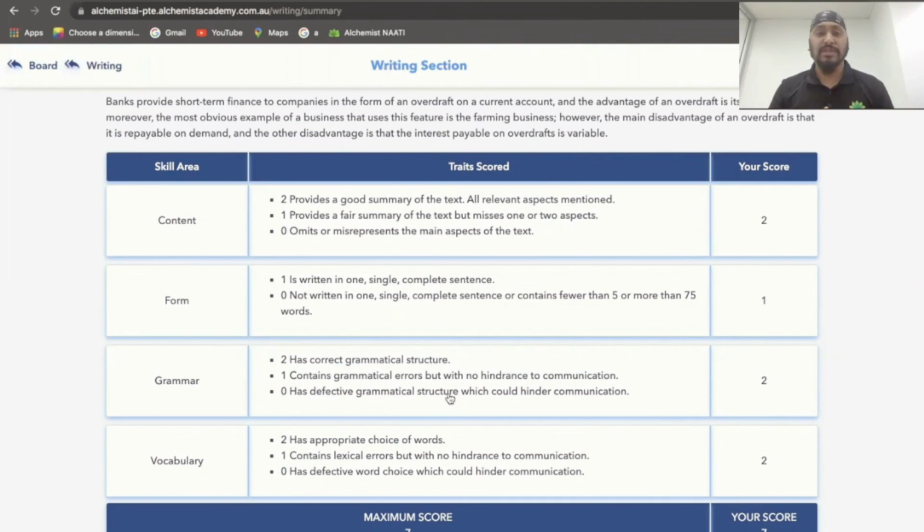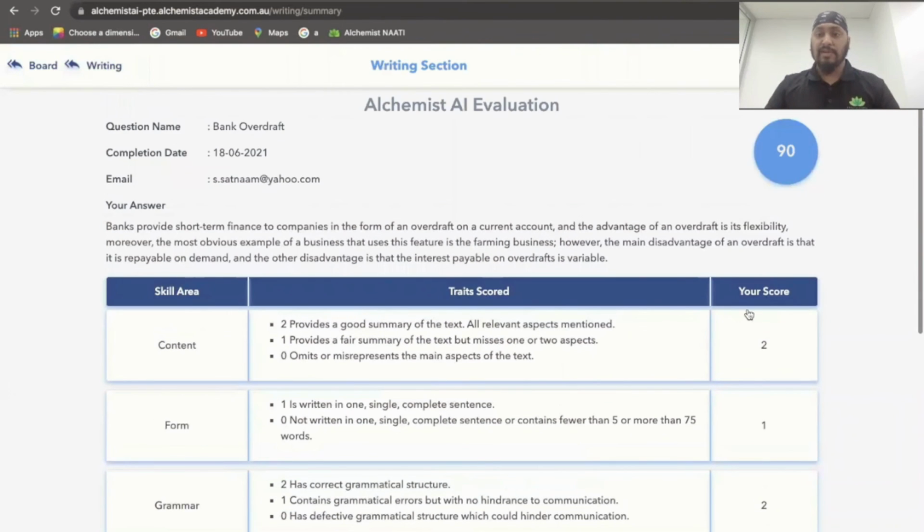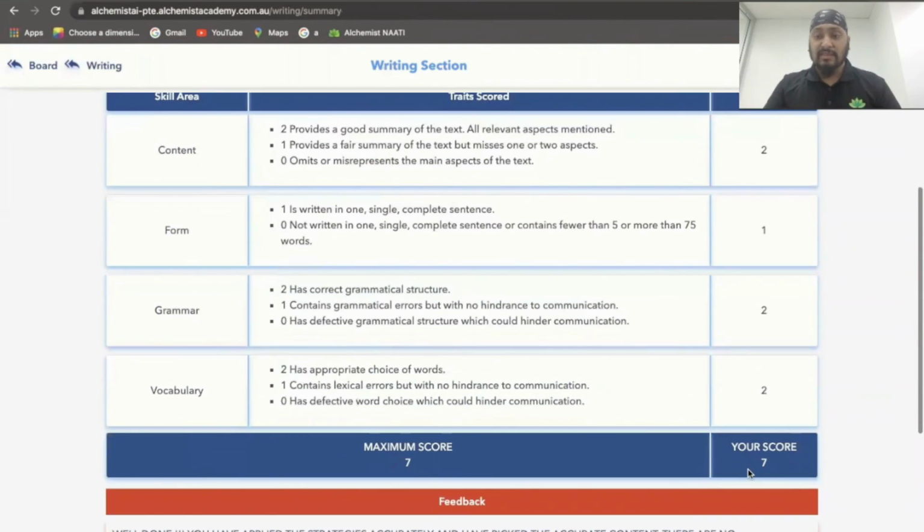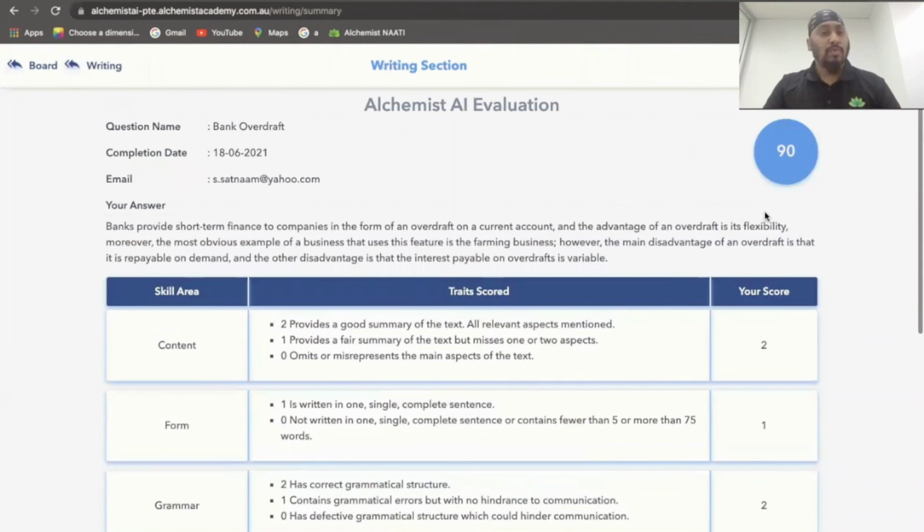Try to finish your summaries in 7 minutes. And one of the most important suggestions that I would offer is to make sure that you proofread your summary before you hit submit. And I'm pretty sure that getting 7 out of 7 in your summary will not be a hard task at all. So good luck, and I hope that the summaries helped you.